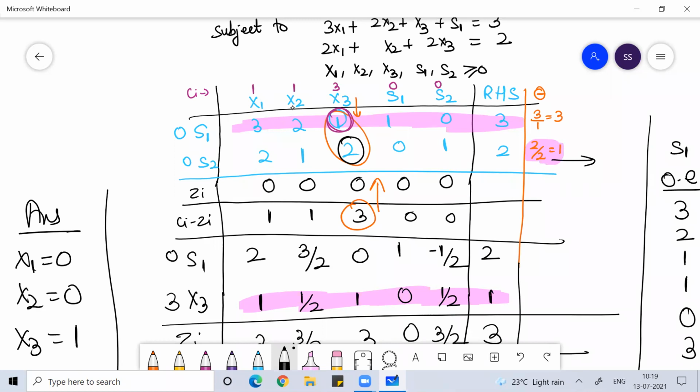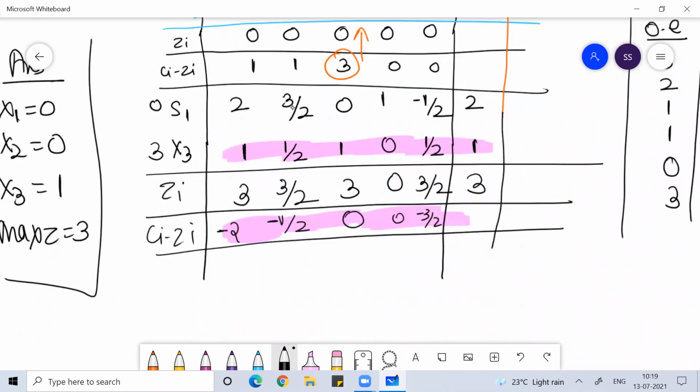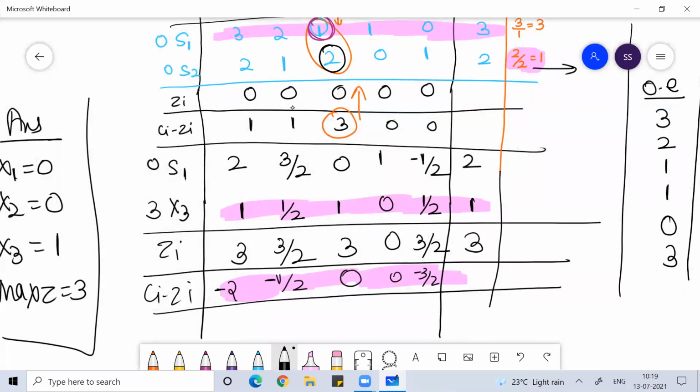When we see this problem, we always start solving with slack variables on the left hand side, and then we try to remove the slack variables one by one, by one decision variable. We do this process till all our Ci minus Zi is either 0 or negative.